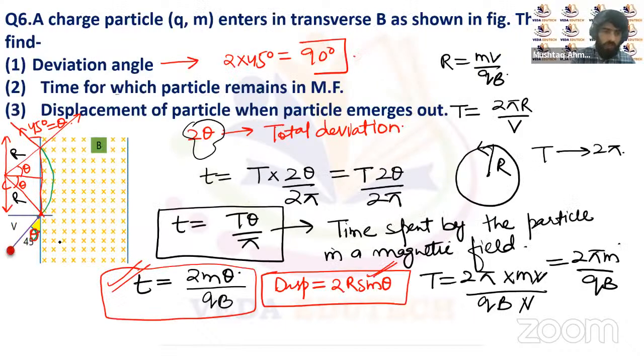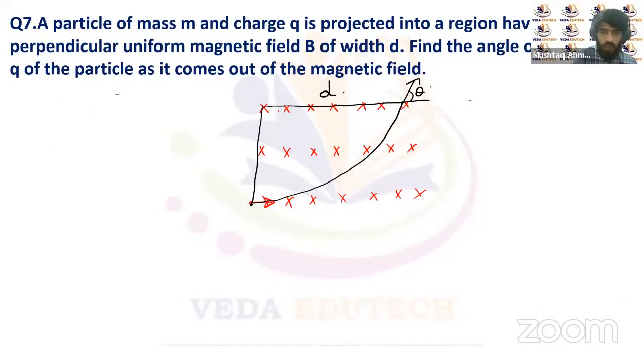Now, this is the angle it was making with this magnetic field region. Let's suppose this particle is entering the magnetic field along this direction, right? It means that the angle which it makes initially with the magnetic field is the 90-degree angle, right? So this is the angle at which the particle is entering the magnetic field.